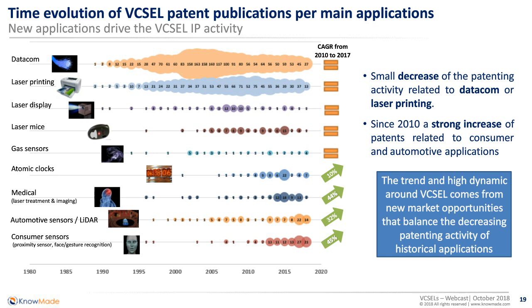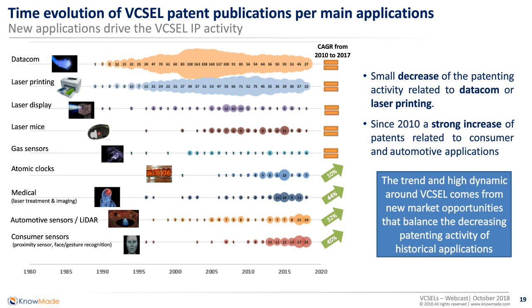But on the other hand, you have 4 new applications that are more and more mentioned in the patents, which are atomic clocks, medical imaging, automotive sensors, especially LiDAR, and consumer sensors with 3D sensing applications.